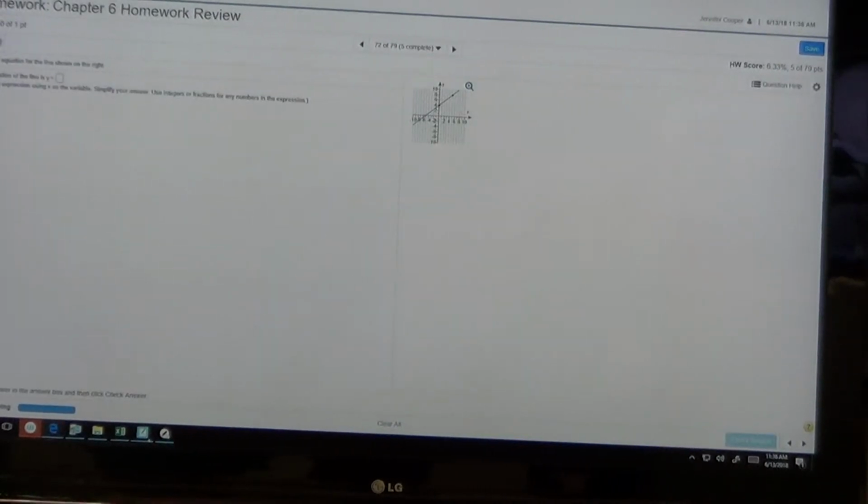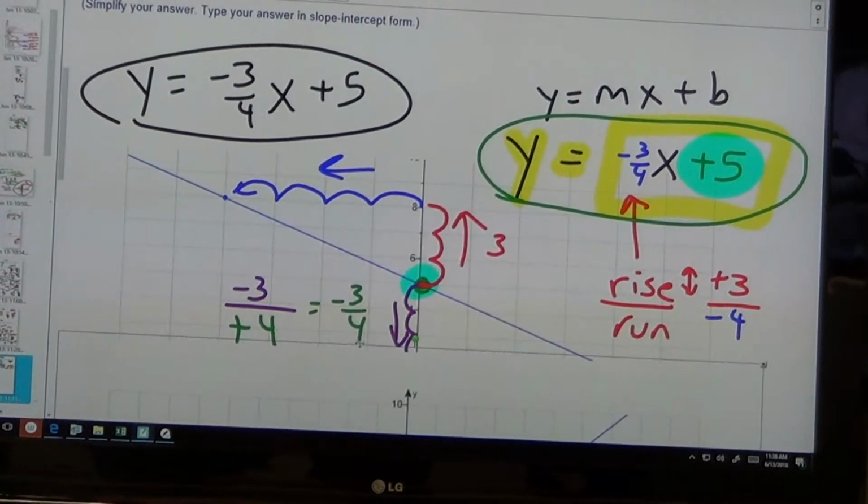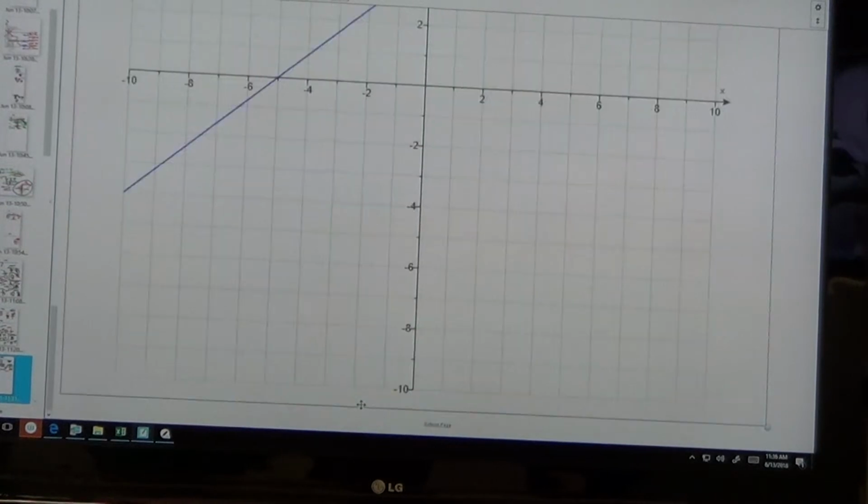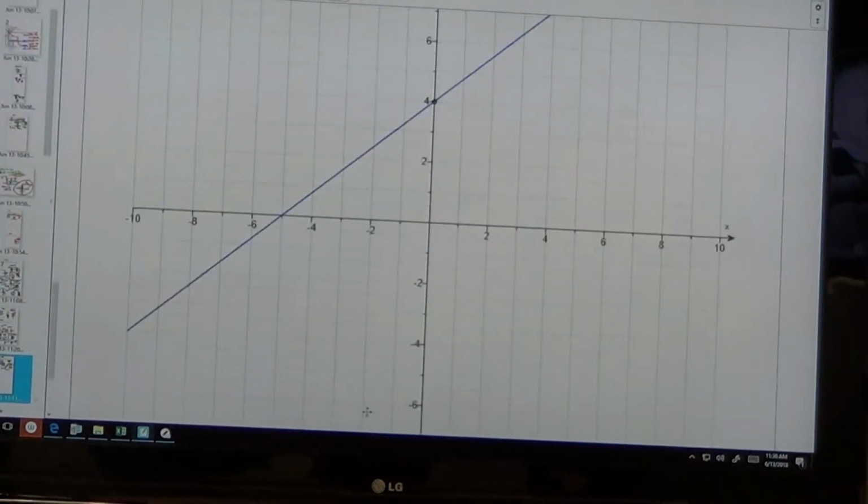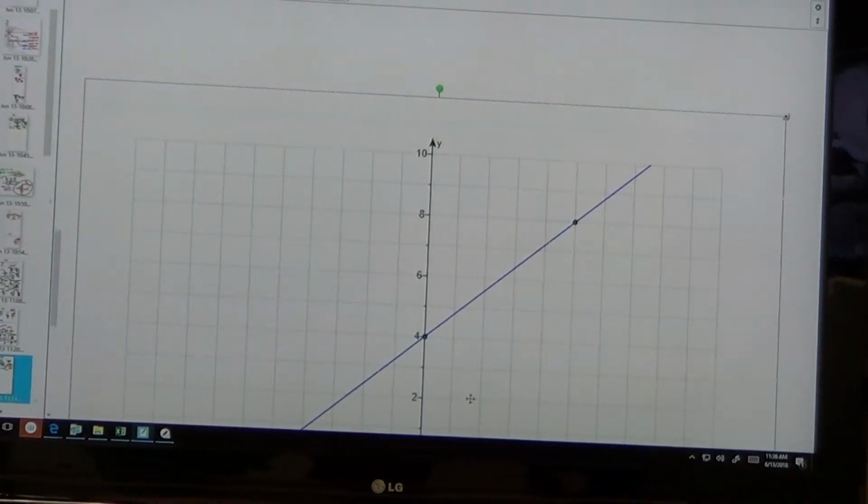This is number 72. All right, this is number 72. Write an equation.